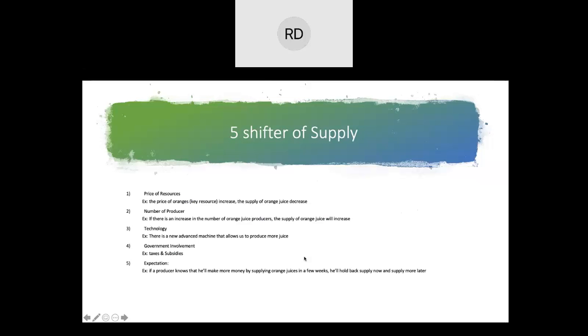If you have a certain budget as a producer, as a supplier, to buy your resources, but now your resources are more expensive, which means that your budget is lowered, right? So you can only buy a smaller amount of your resources, so you can only produce a smaller amount of product and supply that product in only a smaller amount.